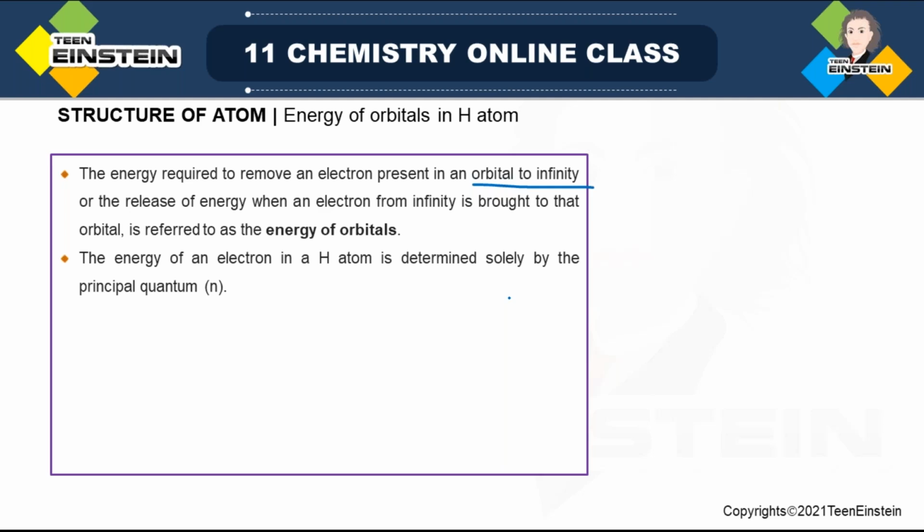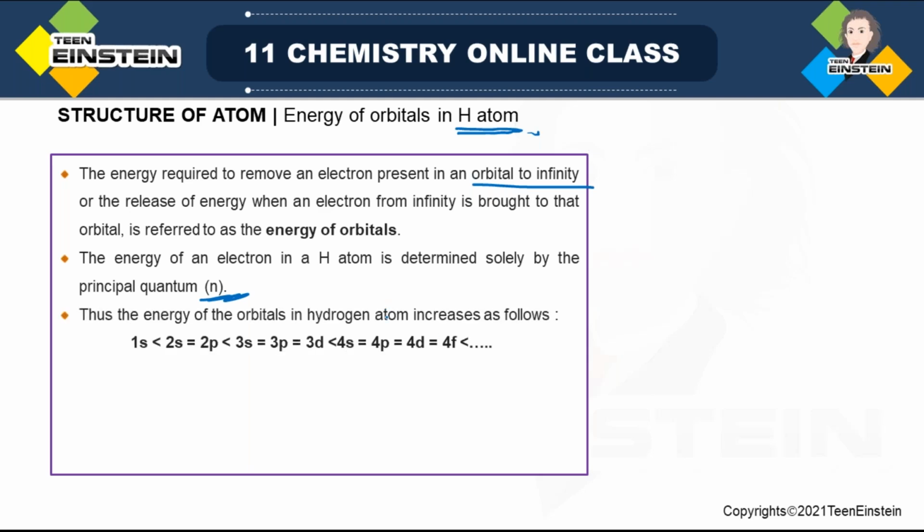The energy of the electron is solely determined by the principal quantum number, because there is one electron, so it is obviously present in 1s. No question of the azimuthal quantum number; for an s orbital it is 0. So only n is responsible for the energy of this electron, because we are discussing it for a hydrogen atom system, or hydrogen-like system.